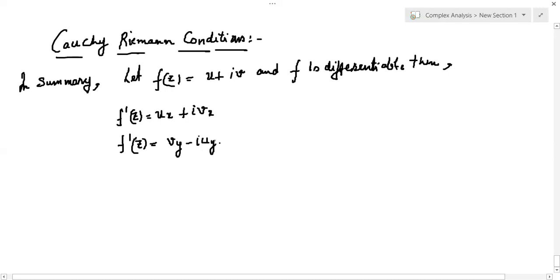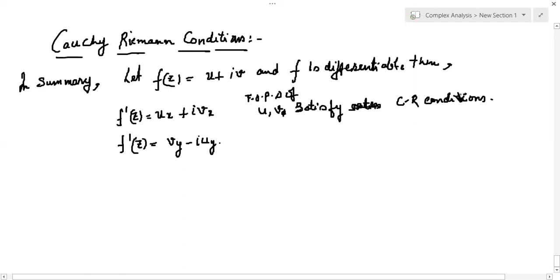Apart from this, u and v satisfy the Cauchy Riemann conditions. That is, the first order partial derivatives of u and v satisfy the celebrated Cauchy Riemann conditions.